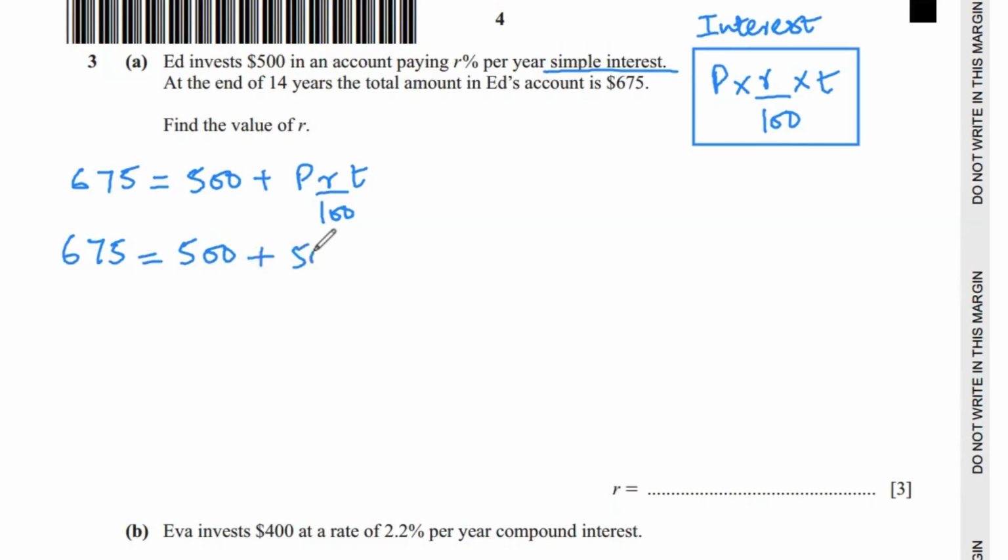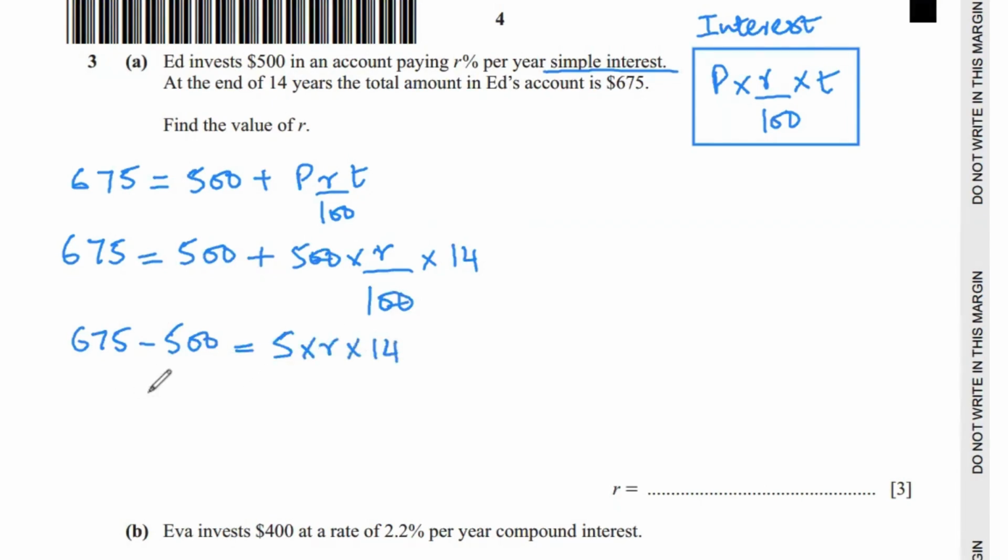So that's 500 times R over 100. R is what we're trying to find, and T is 14. So that's 675 minus 500 equals, cancelling out the zeros, 5 times R times 14.